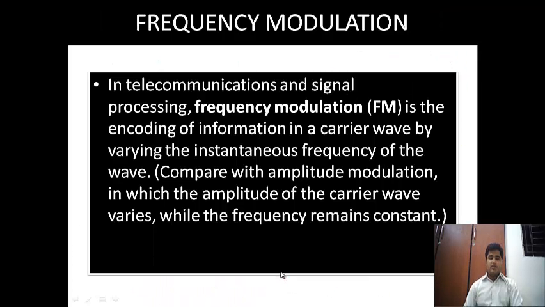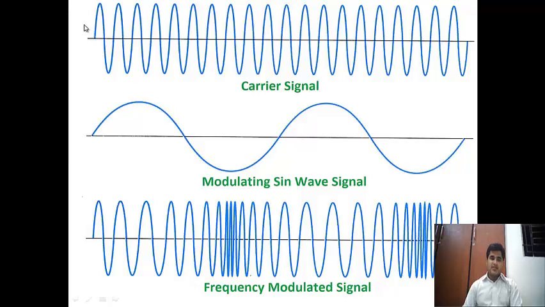And second is frequency modulation. As I told, we vary the frequency. In telecommunication and signal processing, frequency modulation is the encoding of information in a carrier wave by varying the instantaneous frequency of the wave. So this is the simple example. These are our carrier signals, in the simple positive and negative directions. This is our modulating sine wave signal, with a positive and a negative direction.